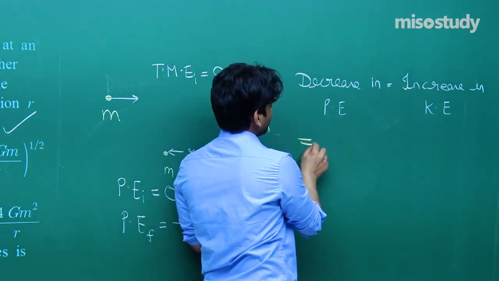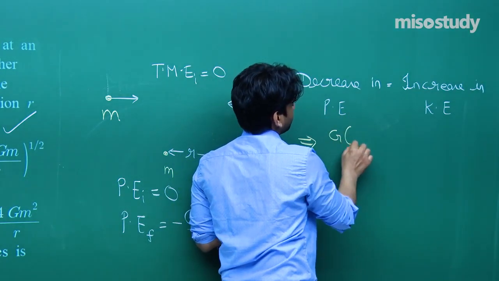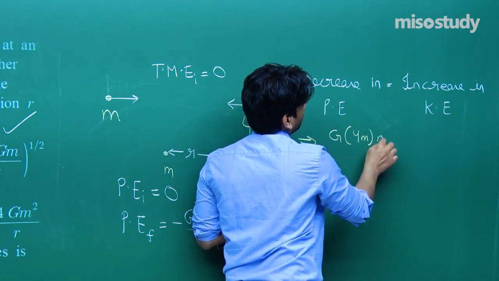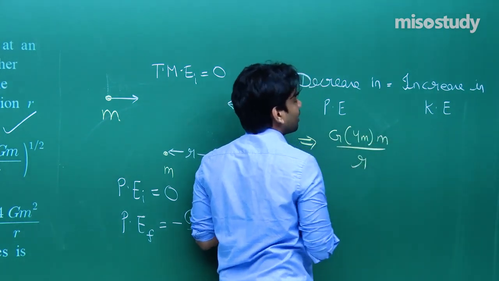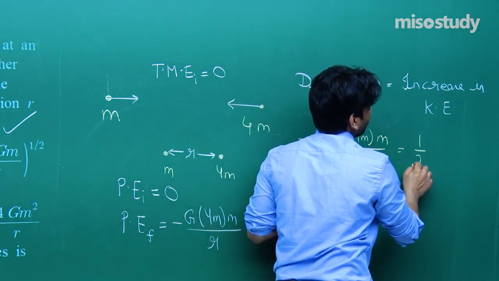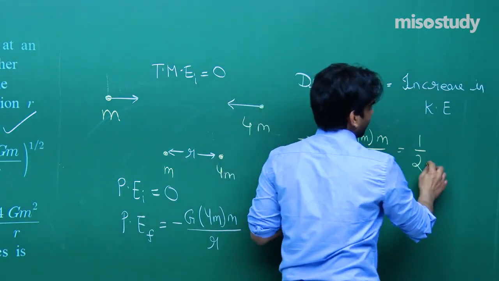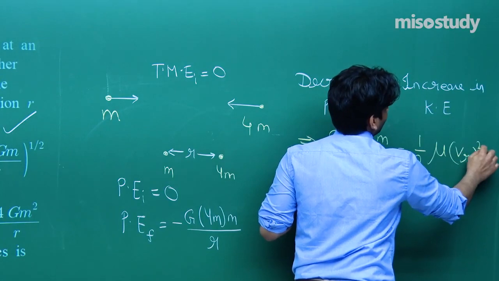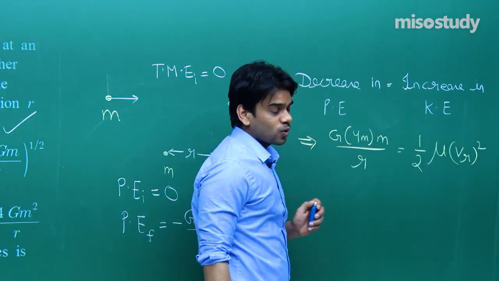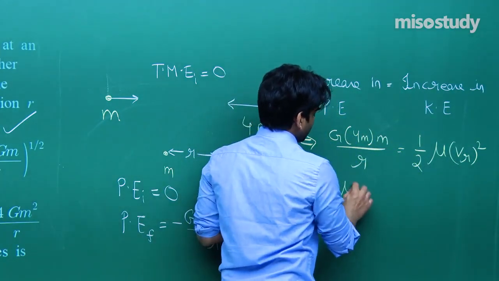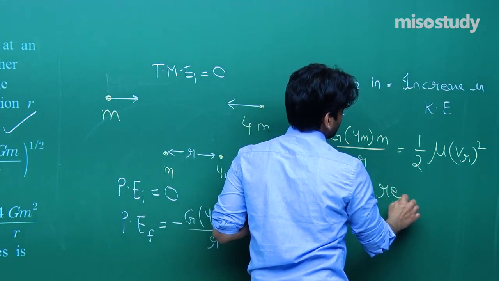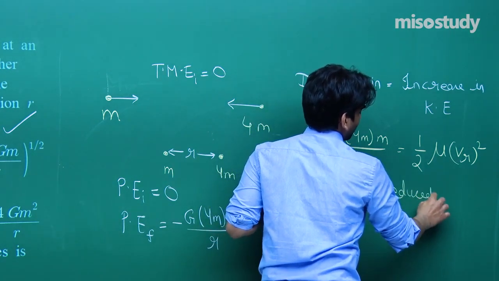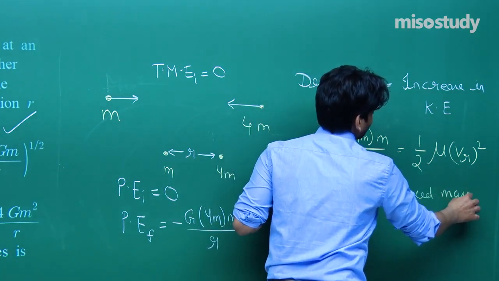That is quite obvious. That will be G into 4m into m divided by r is equal to half mu Vr whole square. Now which mass to use? That is the reduced mass. I have used the term mu, where mu is the reduced mass and Vr is the relative velocity.